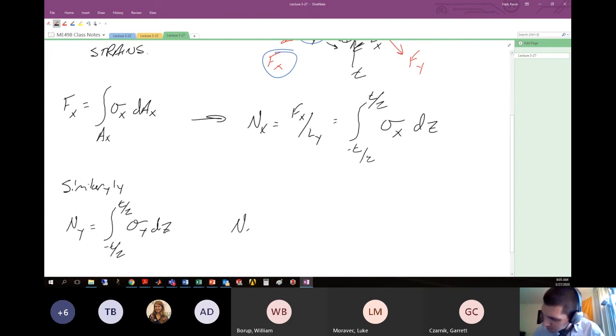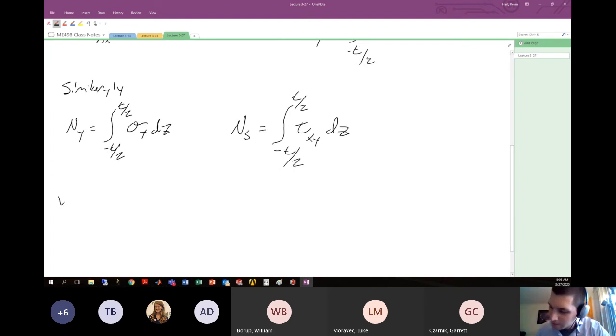And similarly, Ns is the integral from negative t on 2 to t on 2 of tau xy dz. So kind of giving ourselves a shear force given the applied shear stresses that we have.